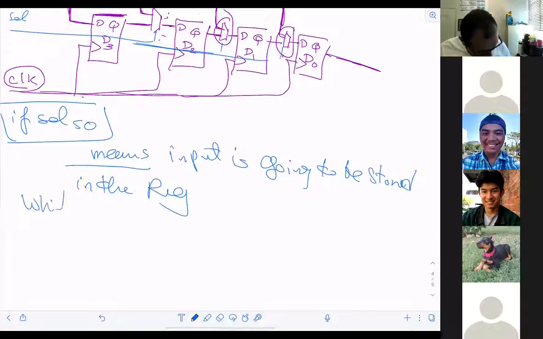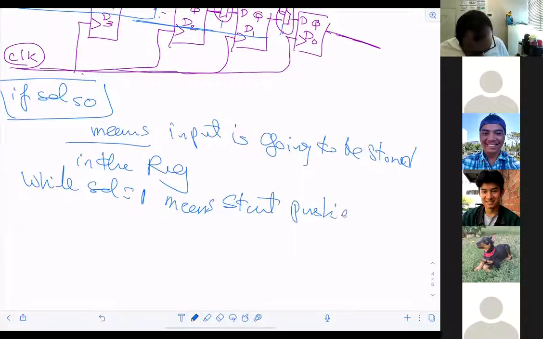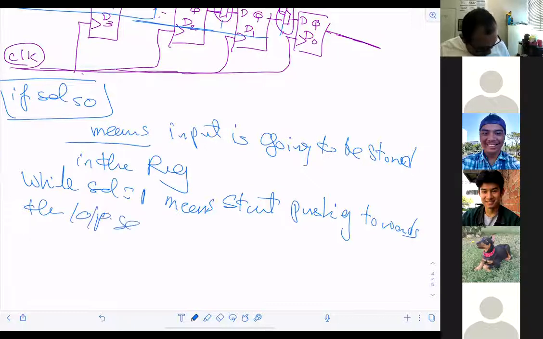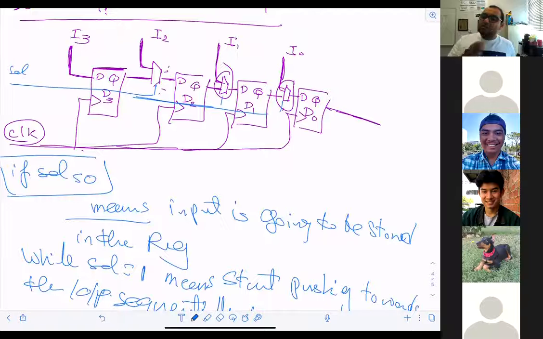While select equals 1 means start pushing towards the output sequentially to produce output. Make sense?